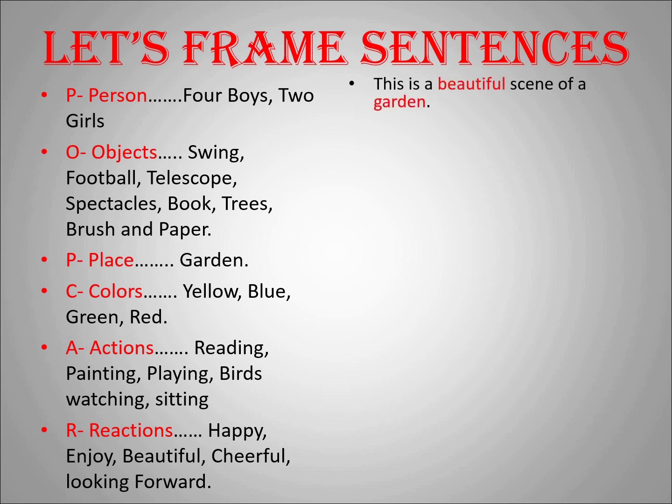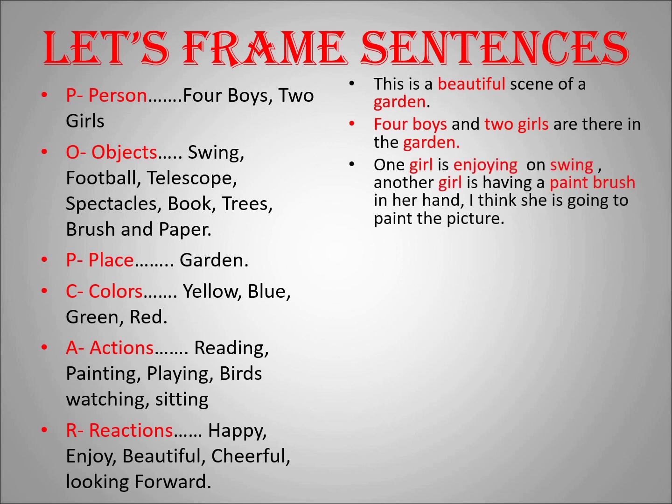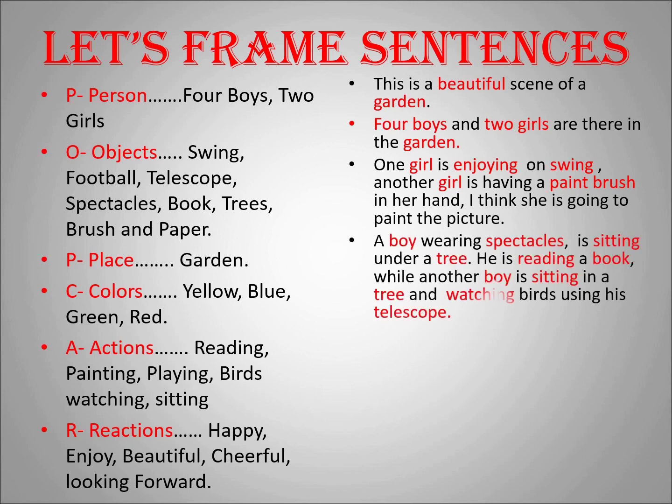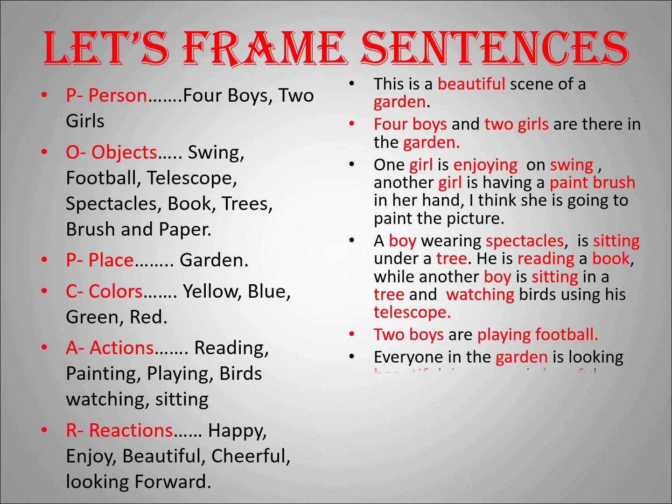You can see the sentences here which I have written using these words. Like the first sentence, this is a beautiful scene of a garden. Red colored words are those words which we found in the previous slide, which I told you are required for the POP car.